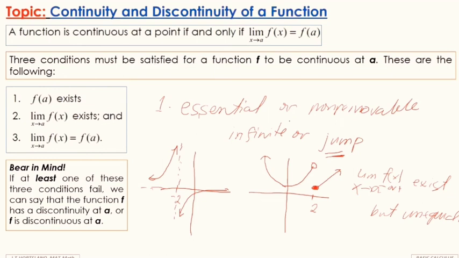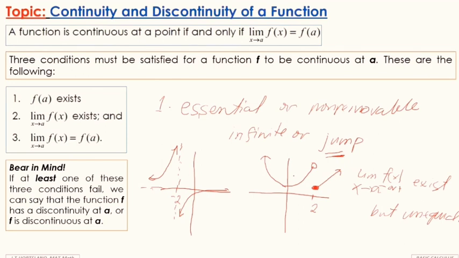Essential discontinuity can be classified as infinite or jump. For infinite, you get an infinite limit on the left and right hand limits. For jump discontinuity, it stops at one point, then jumps. The left and right hand limits exist, but they are unequal.